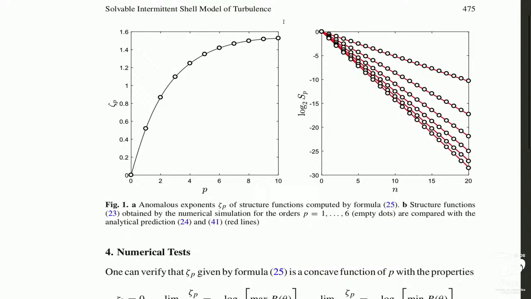So this first graph on the left here will be nonlinear.